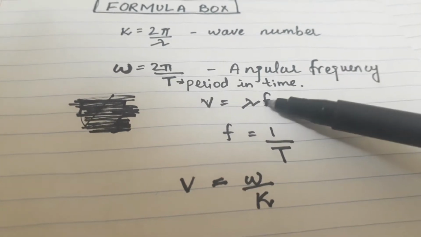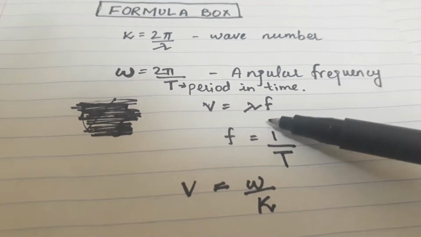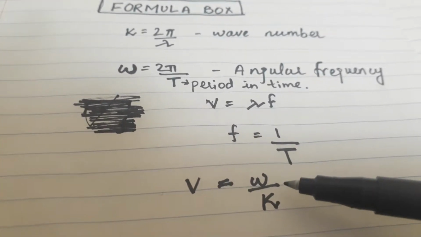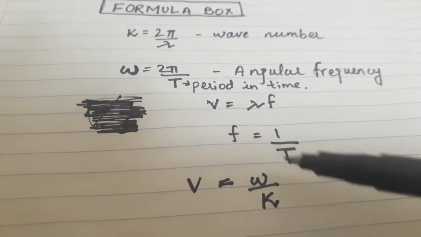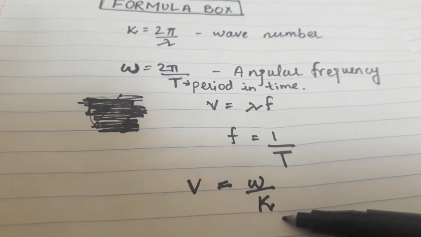Although this is a more accepted speed formula, we can also calculate the speed by, if we know the angular frequency and the wave number, we can divide the angular frequency by the wave number.